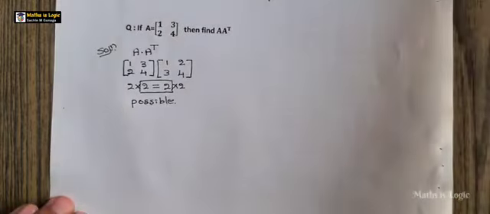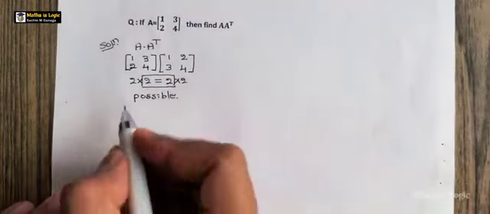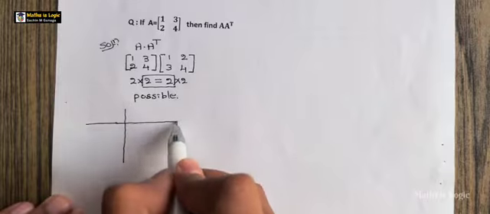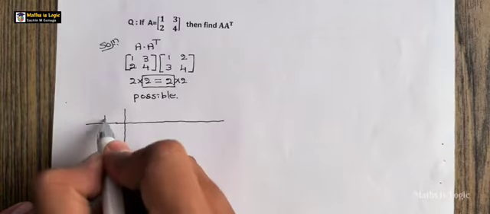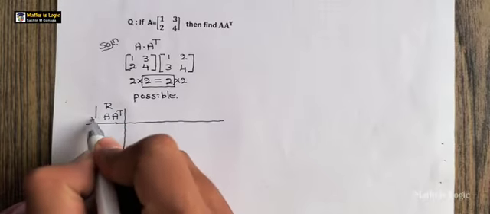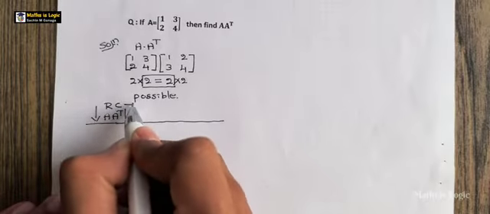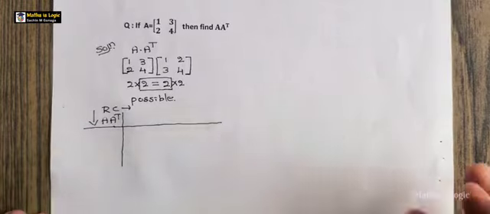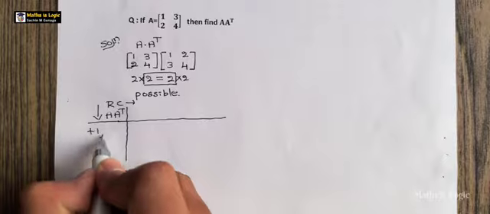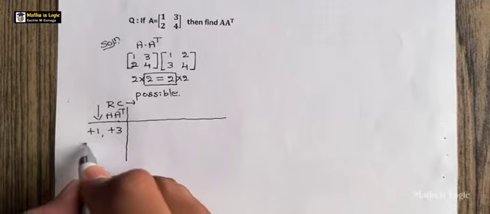After this, apply the box method. So at this corner write A into A transpose, row, and here column. So what is the first row? 1 3. So write here plus 1 plus 3.